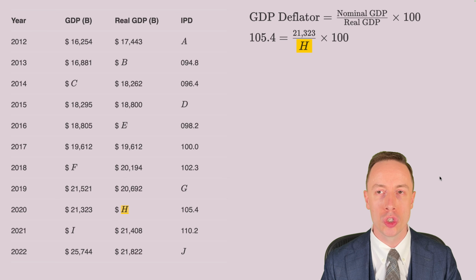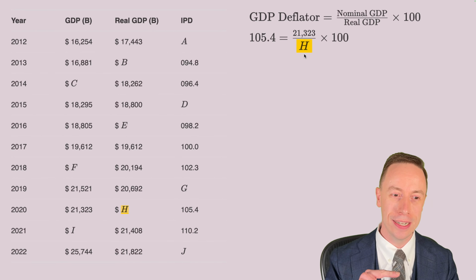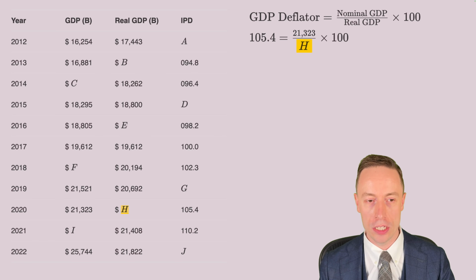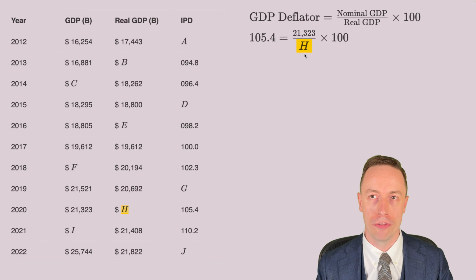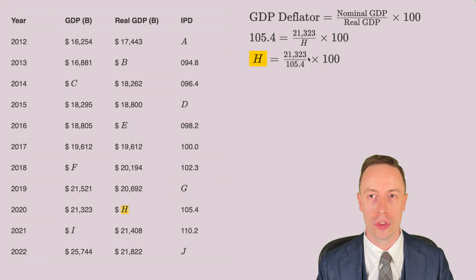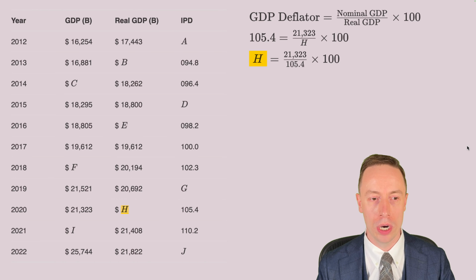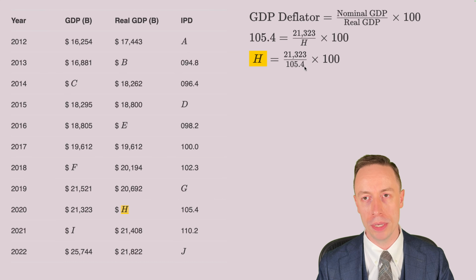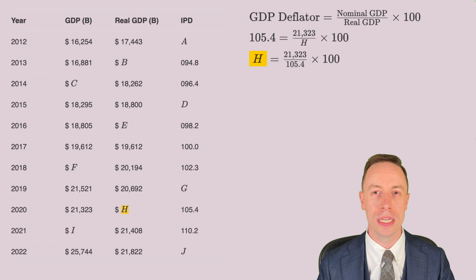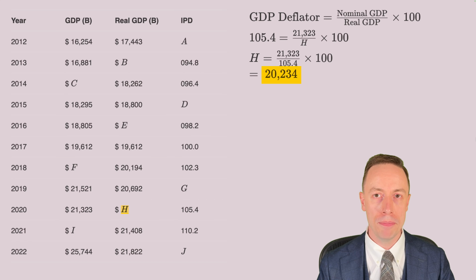And of course, to solve for h, we're going to have to multiply by h to get it over to the other side, and then divide by 105.4 in order to get that over to the right-hand side. Or in other words, we take our nominal GDP figure, divide by the GDP deflator, multiply by the number 100, and the result is real GDP is about $20 trillion.